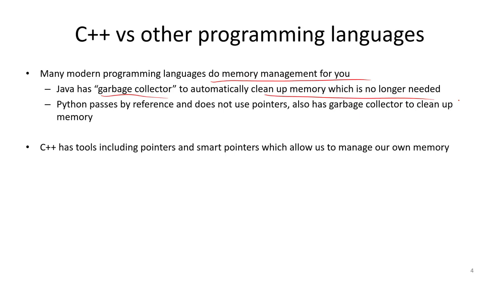And Python uses pass by reference, and it actually does not really contain pointers. It also has a garbage collector to clean up memory. So C++ has its own set of tools, including pointers, and we'll learn about how pointers allow us to directly manage our own memory.